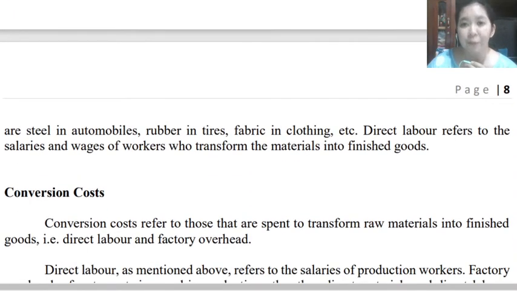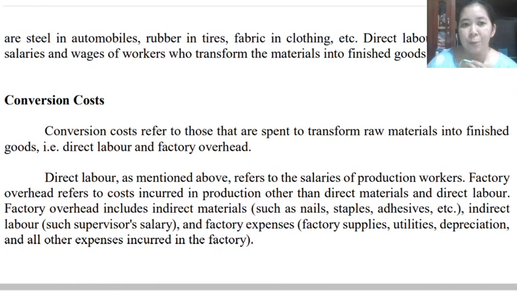What about conversion costs? When we say conversion cost, on the other hand, these are the costs that refer to those spent in transforming raw materials into finished products. But in this case, we are focused on the activity of the transformation process.